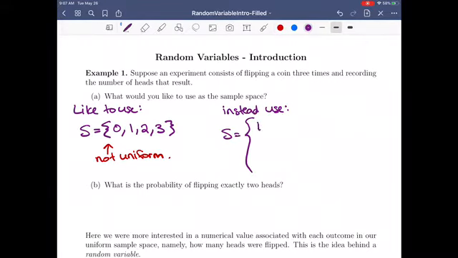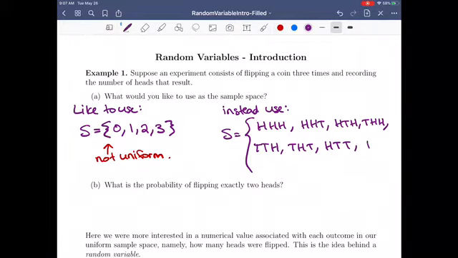For this one, we think about the order that the heads and tails occur. We're going to have 8 possible outcomes here. So we instead use this sample space, which is uniform.